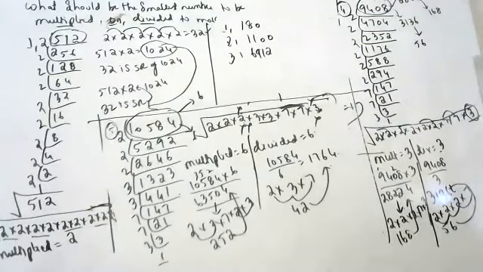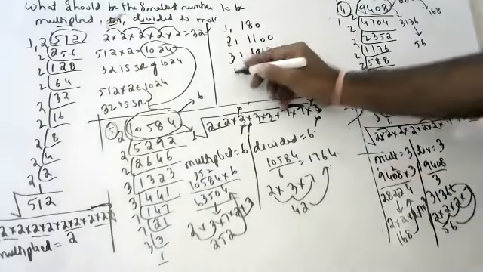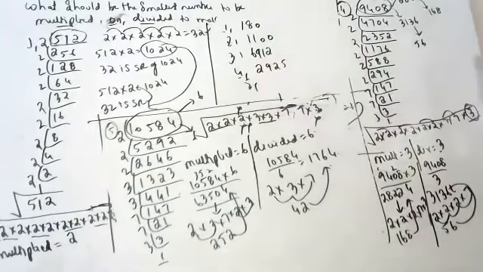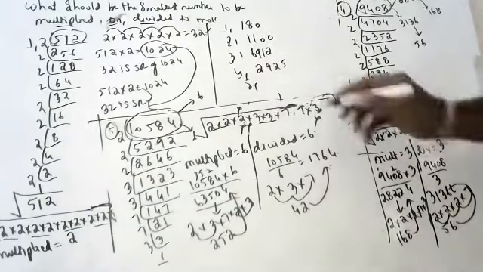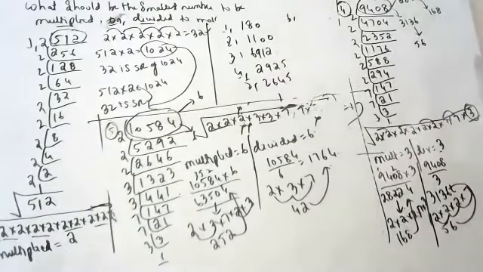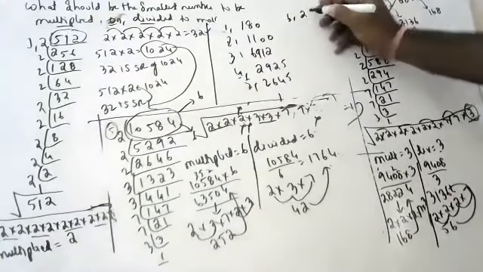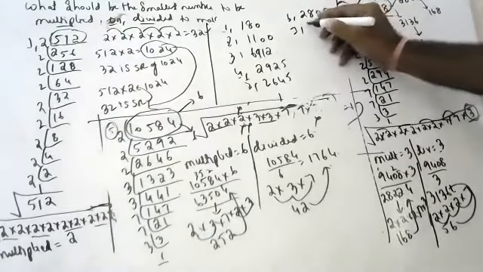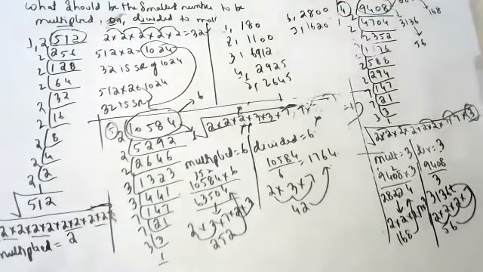Next 2925. Next is 2645. Next is 2800. Try all these things on your own and please send to me as homework children. 1620. What should be multiplied and what should be divided to make it a perfect square? That is the question.